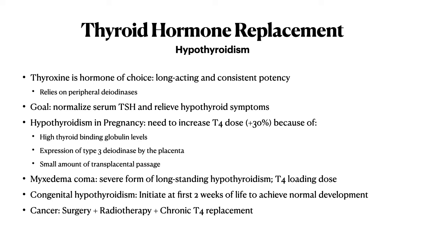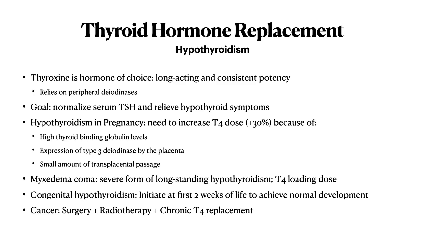So this protein, which is thyroid binding globulin, will sequester the T4 and the T3 in the plasma. And so the levels of free T4 and T3 will drop if you have high levels of the binding globulin. Because pregnant women have higher levels of thyroid binding globulin, you need to increase their intake of thyroid hormone.